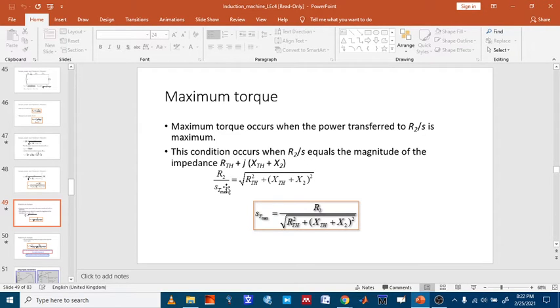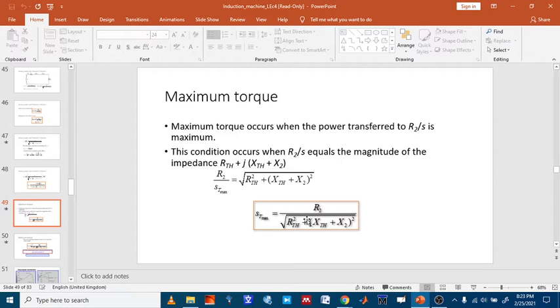Because of that, you can calculate the slip at its corresponding maximum torque. When you make the slip the subject, this one will come here and this one will go to replace the denominator. You get it? And you get S T max equals R2 all over this.